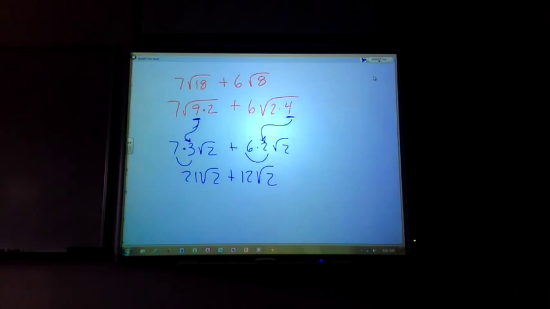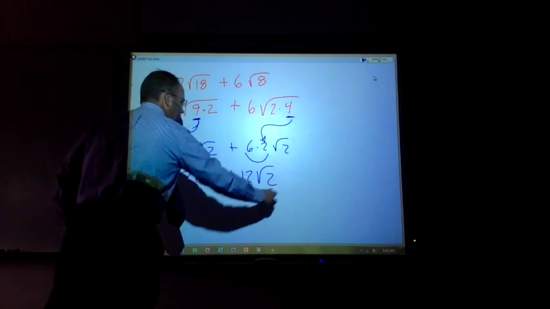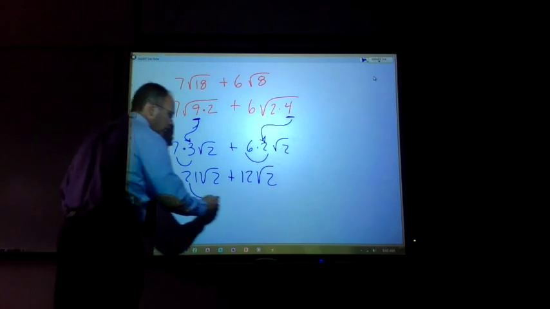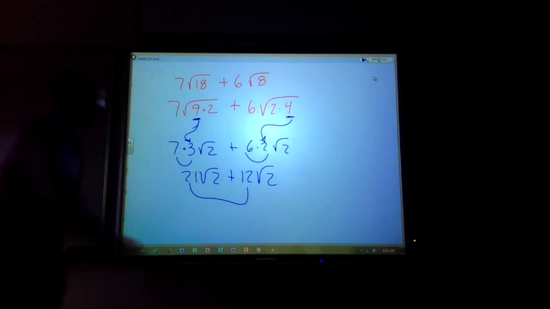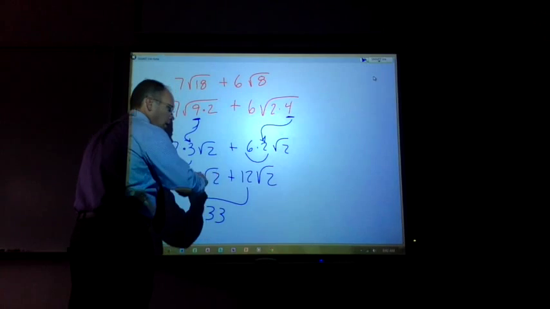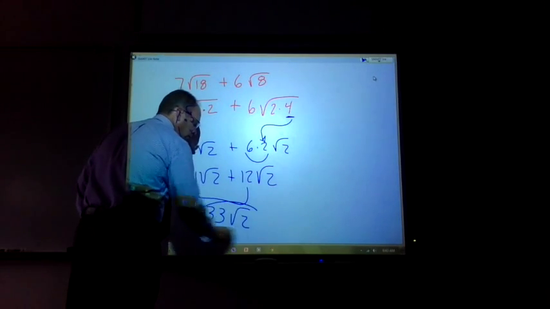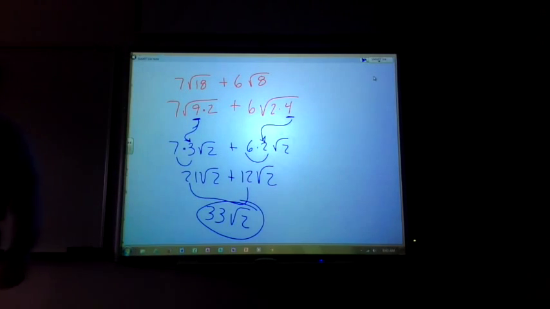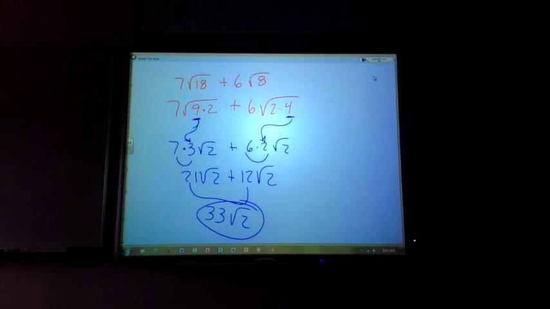Take a look around you. Those raising their hands are right. Why are they like terms? Cole, why are they like terms? There you go. Root 2 and root 2 are like terms. So now I'm going to add outside. 21 added to 12 is 33. The root 2's just come along for the ride, staying as is. They act like a variable in this scenario.